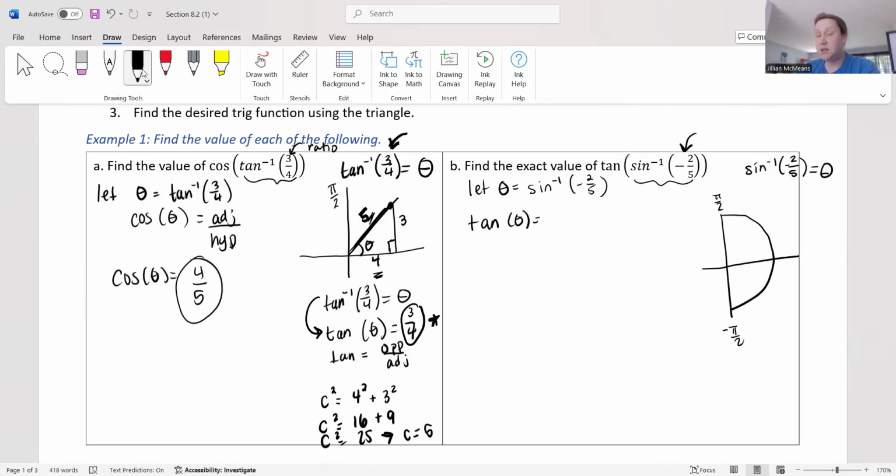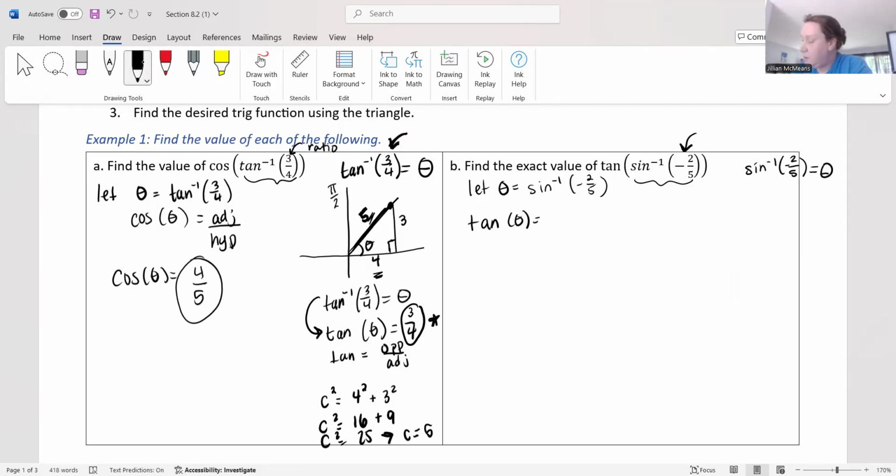So that tells me this ratio for sine has to be negative, which puts me in quadrant 4, because sine has positive ratios in quadrant 1, and negative ratios in quadrant 2. So when I build this angle theta and the resulting reference triangle, I need to build it in quadrant 4. Okay, so let's look at that.